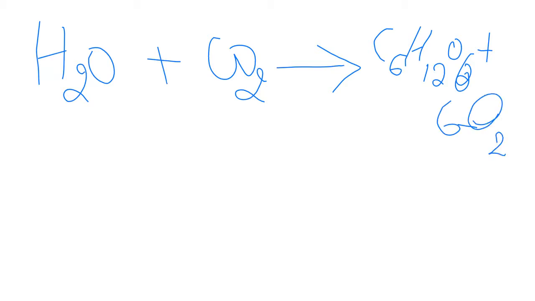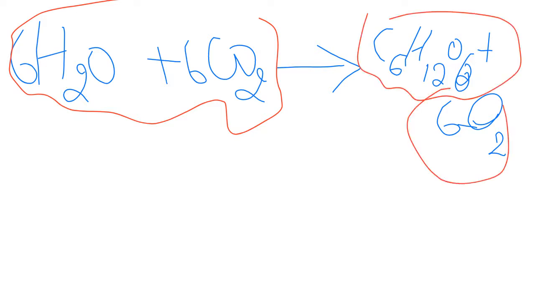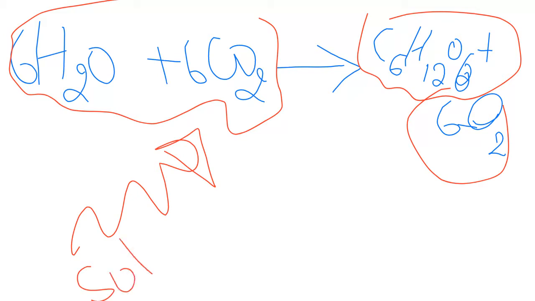So I'm going to balance it. This is the plant. And what else? What am I going to make this convert into this? Solar light?